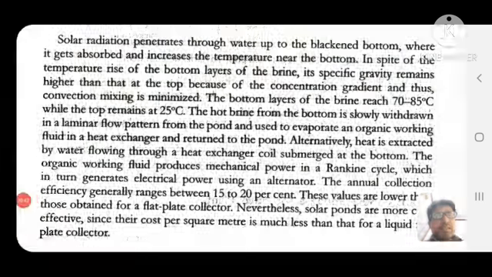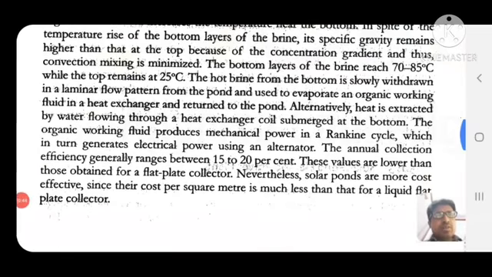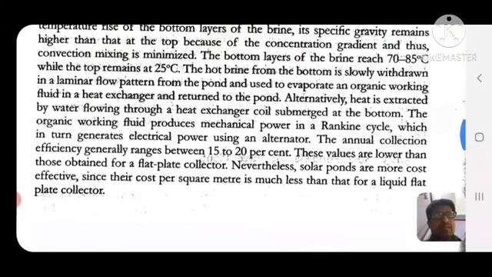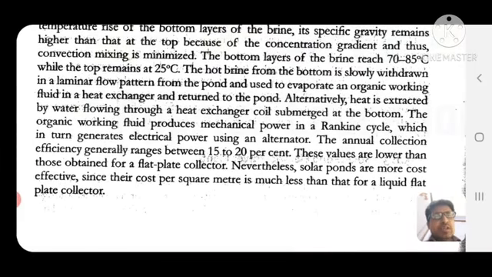Okay, the hot brine from the bottom is slowly withdrawn. These values are lower than those obtained for a flat plate collector. Nevertheless, solar ponds are most cost effective since their cost per square meter is much less than that for a liquid flat plate collector.